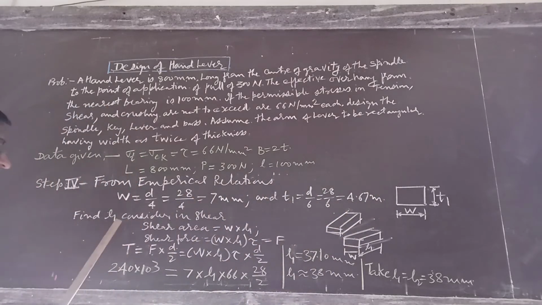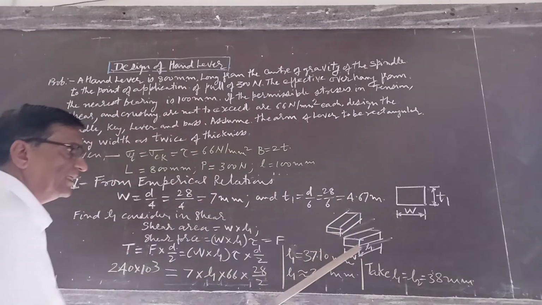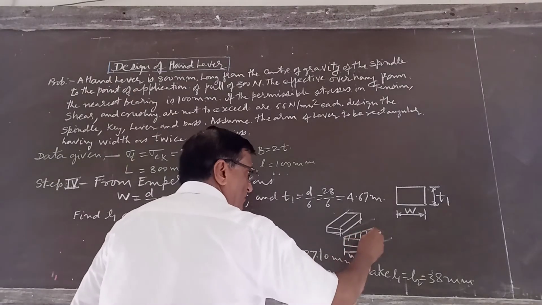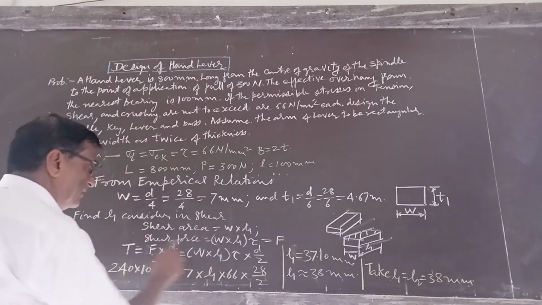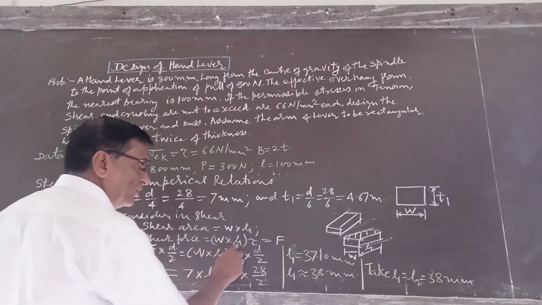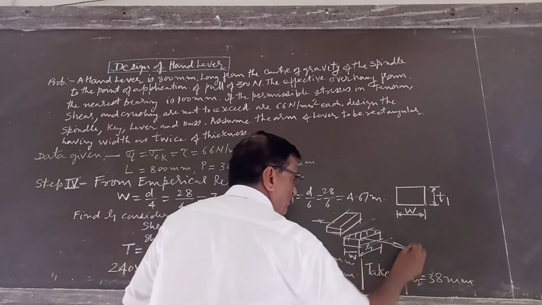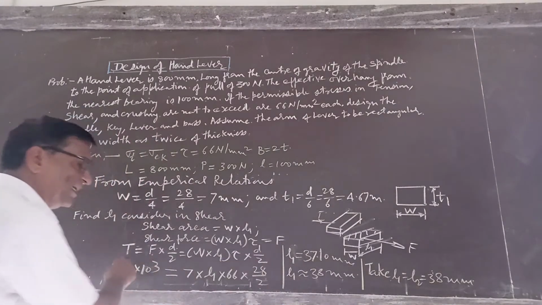And we will find out the length of the key considering shear. The shear area of the key is W into L1, and shear force will be W into L1 into tau, and shear force multiplied by the radius will be the torque.